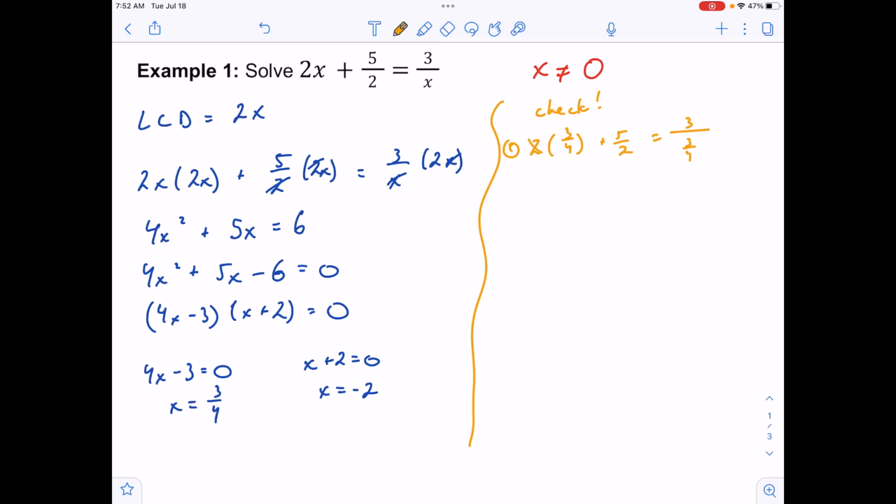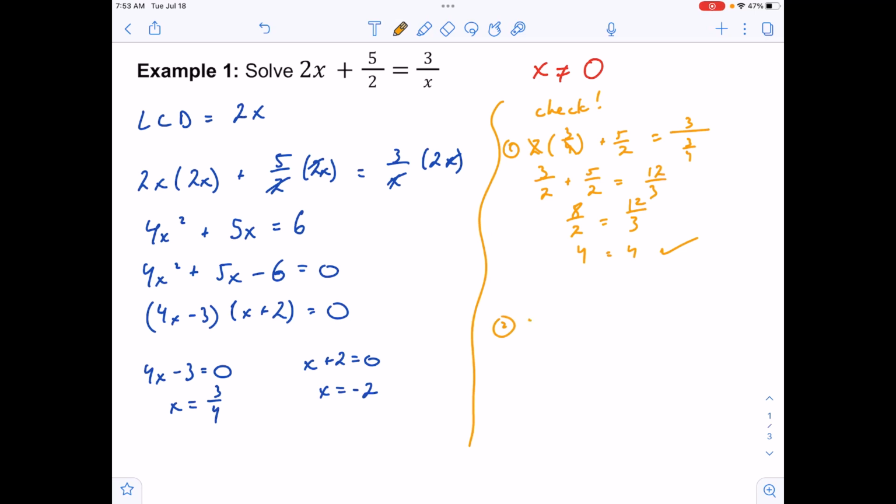My 2 and my 4 simplify, so I have 3 over 2 plus 5 over 2 is equal to 12 over 3. 3 over 2 plus 5 over 2 is 8 over 2, which is 4. 12 over 3 is 4. We're good here.